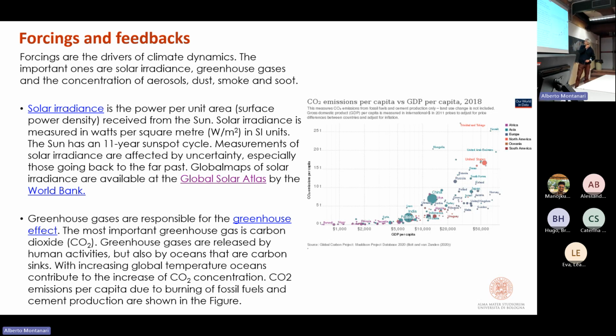So what you can see is that there is a clear trend. Increasing gross domestic product means increasing per capita emissions. This is perfectly understandable and fine, but this means that, at least according to this picture, reducing the emissions in the present socioeconomic settings means reducing the GDP.